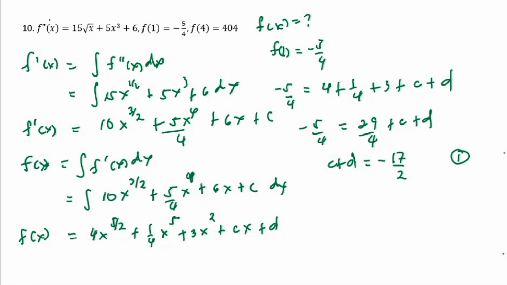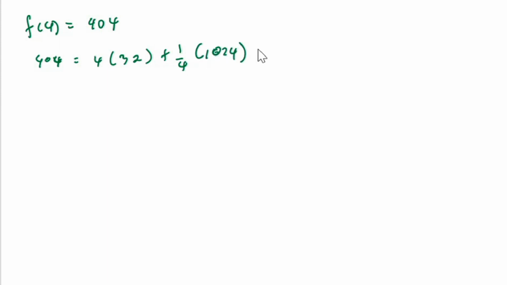So to solve for f of 4, f of 4 is equal to 404. So replace x now by 4. It will give us 4 times 32 plus 1/4 of 1024 plus 3 times 16 plus 4c plus d.